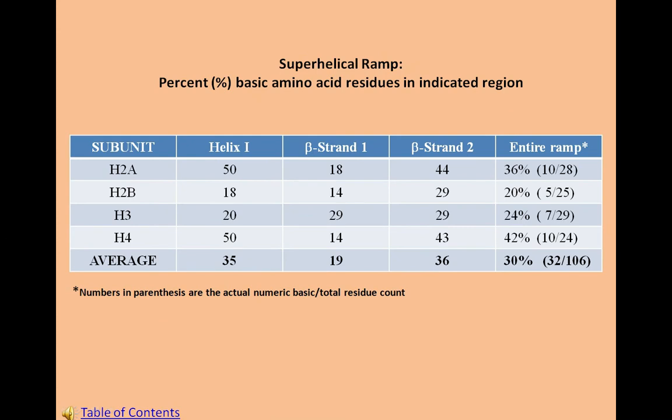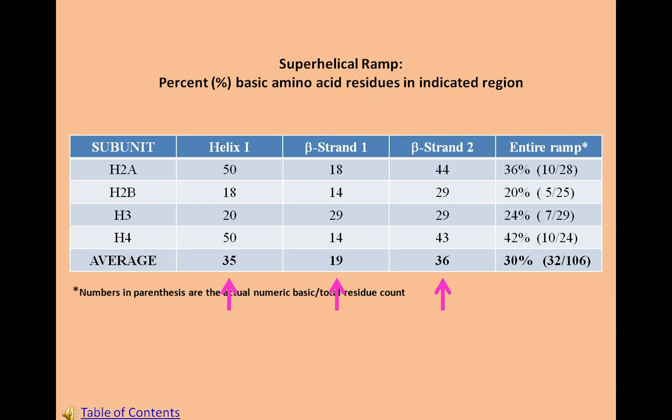Here's a table I hope you won't find too boring, showing the percentage of basic residues in each of the above-referenced anatomical parts of the superhelical ramp, namely helix 1, beta strand 1, and beta strand 2. We certainly don't need to discuss all these numbers, but I would direct your attention to the figures in the bottom row, which show that helix 1 and beta strand 2, at 35 and 36% respectively, are substantially enriched in basic residues, although beta strand 1 at 19% is curiously lacking.